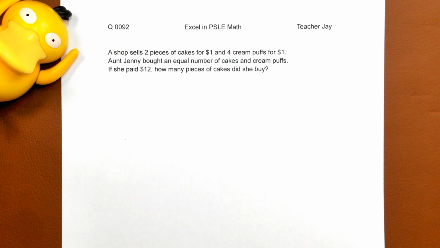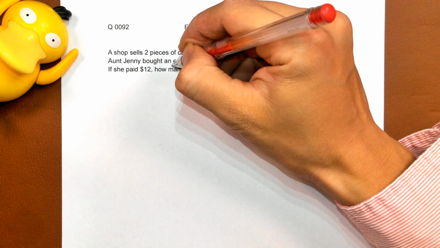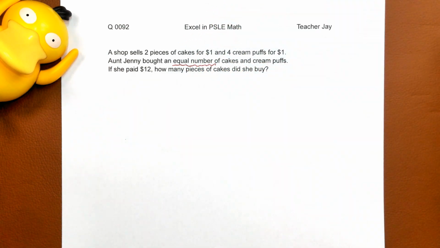Aunt Jenny, 阿姨吧, Aunt Jenny bought an equal number of cakes and cream puffs. 她买的是同样数量的 equal number. And if she paid $12, how many pieces of cakes did she buy?